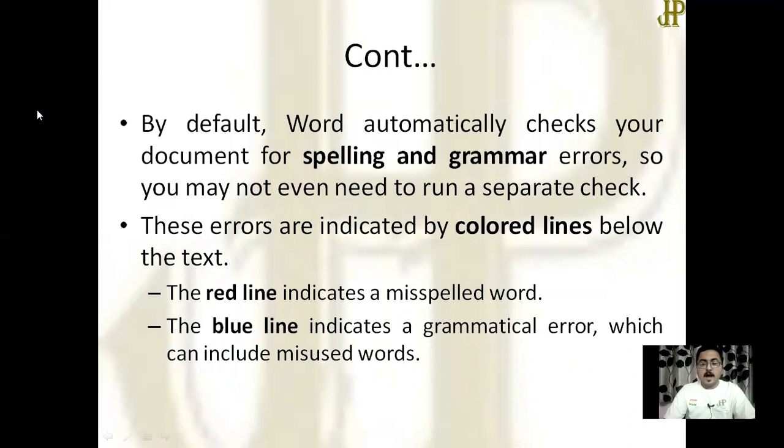These colored lines are of two types. The red line indicates a misspelled word. The blue line indicates a grammatical error, which can include a misused word. Okay?